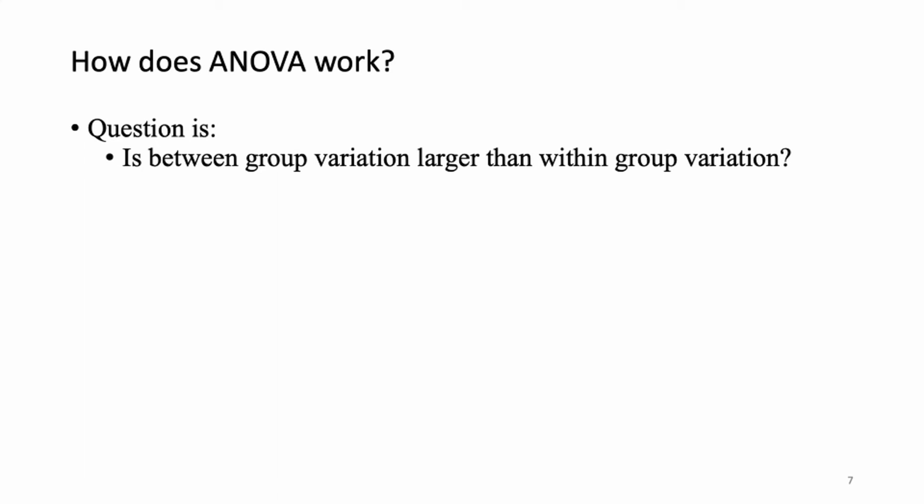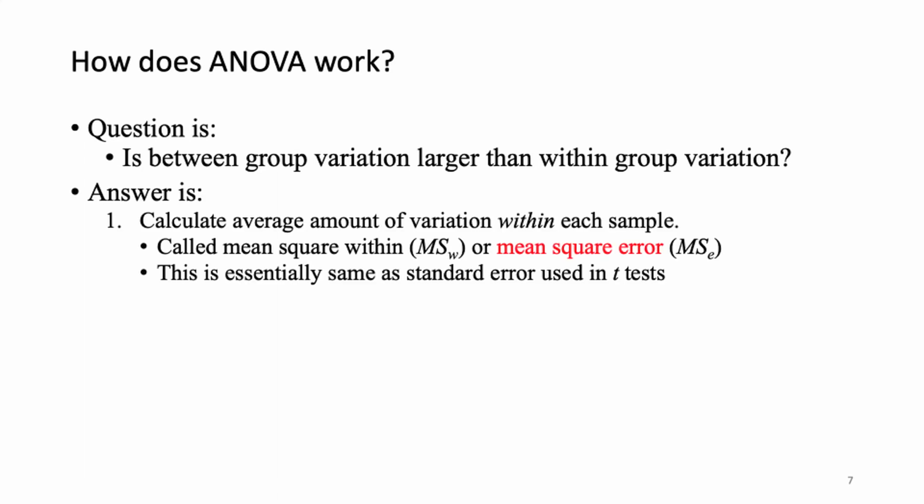So here's the answer. Calculate the average amount of variation within each sample. This is called the mean square within, or the mean square error. And this is essentially the same as the standard error that we used in the t-test. So, the average amount of variation within each sample.